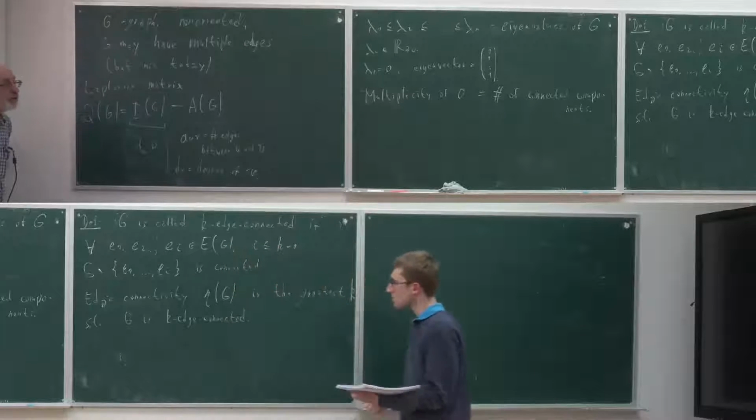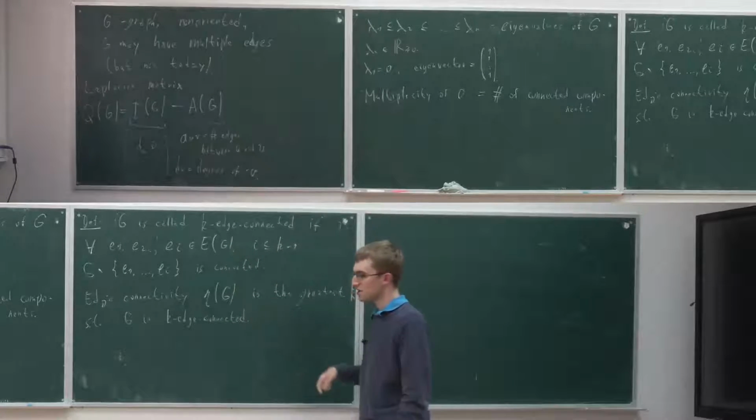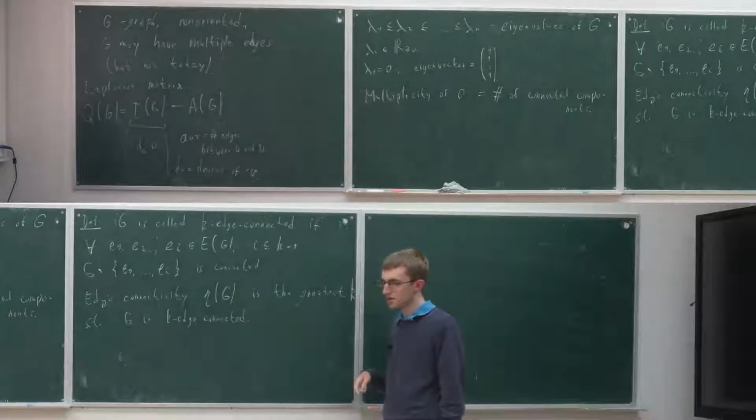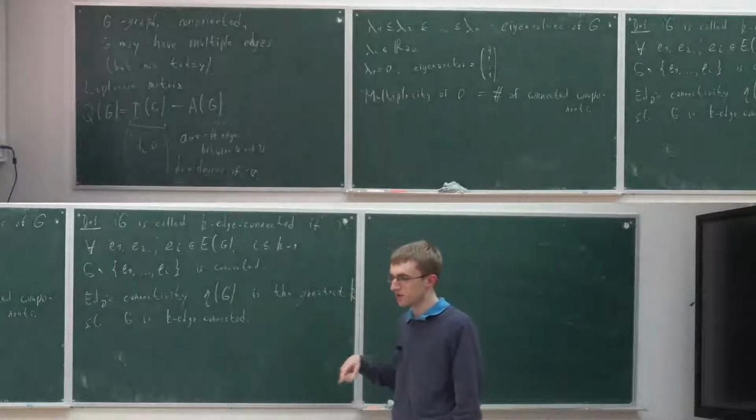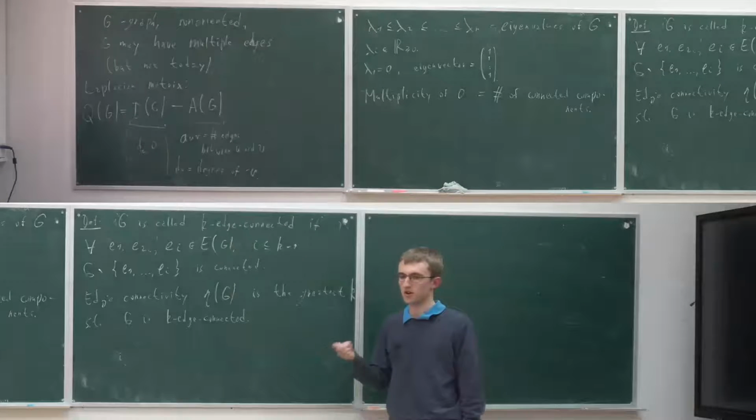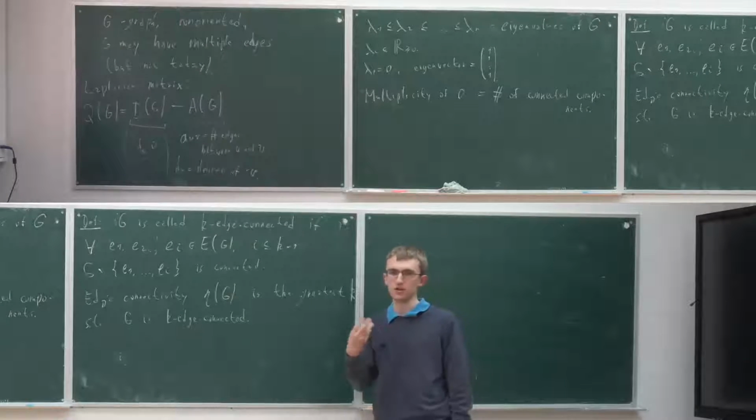In other words, the edge connectivity is the least number of edges that one should remove from the graph in order to make it not connected.